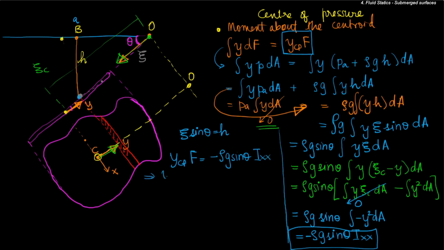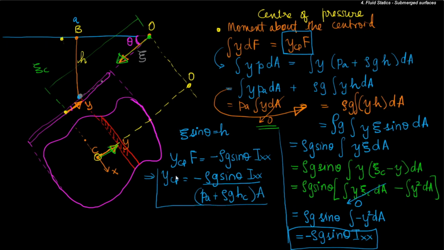This implies ycp is equal to minus rho g sine theta Ixx upon the force, and we've just proven a few moments back that the force is equal to Pa plus rho g h centroid times the area. So this gives us ycp as measured from the centroid.